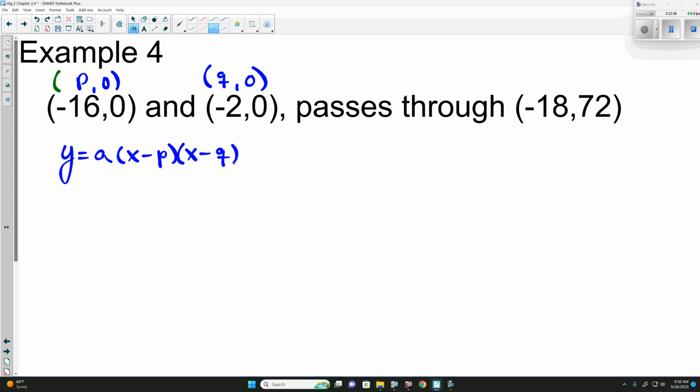And again, p and q are interchangeable. So we could say p is negative 16 or negative 2, and q would be the other. We can't say they're both negative 16 unless, there are cases where it could be, it just means they only have one unique x-intercept.